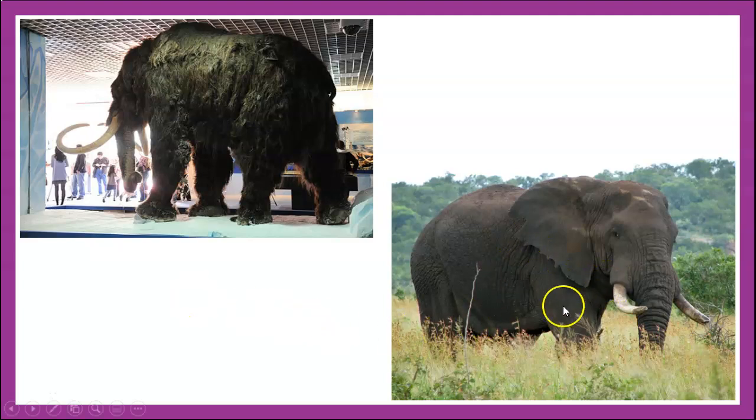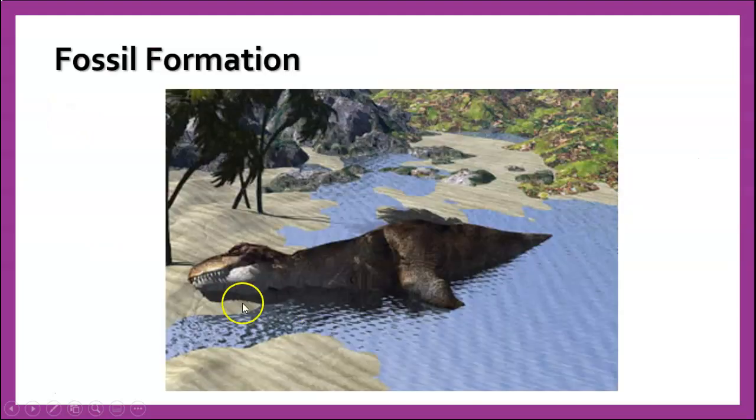Modern-day elephants have shorter tusks. They're a little bit smaller. They usually live in arid areas that are relatively dry and relatively warm compared to the cold areas that the woolly mammoths lived in. They do have hair, but their hair is much shorter and much more sparse and not nearly as thick as you find in the woolly mammoth.